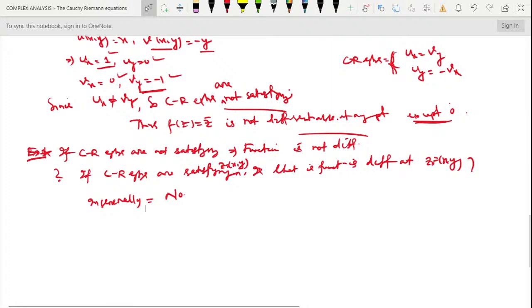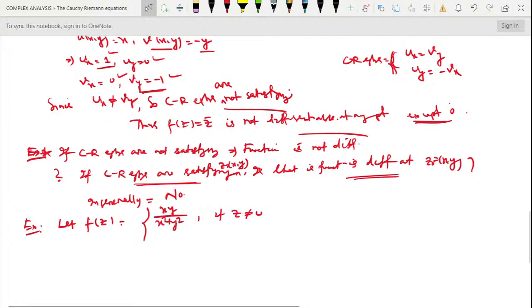So now comes an example which satisfies the CR equations, but is not differentiable. Let f of z be equal to xy divided by x square plus y square, z not equal to 0, and this is 0 if z is equal to 0.